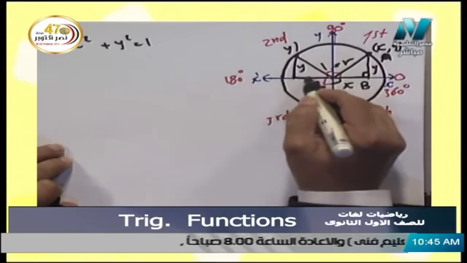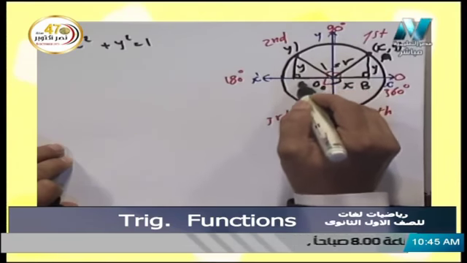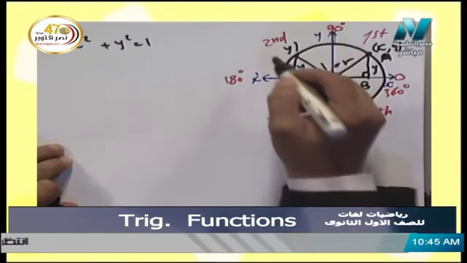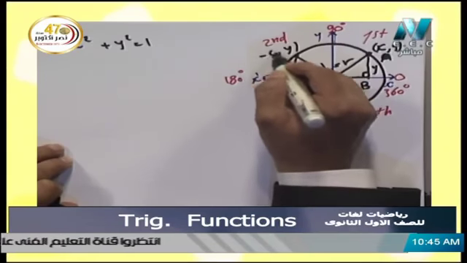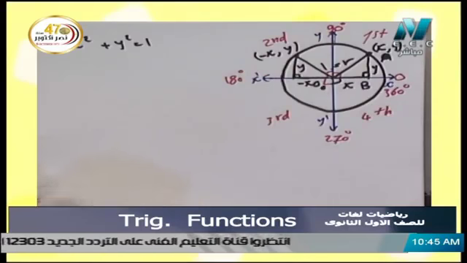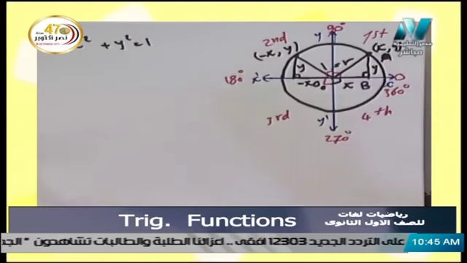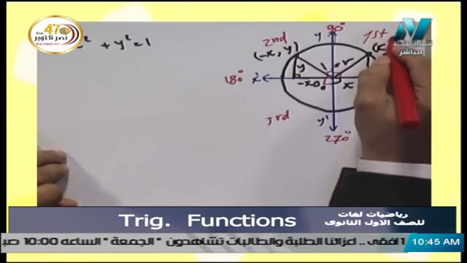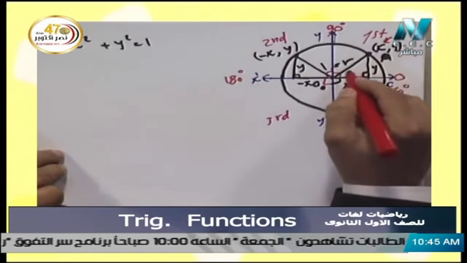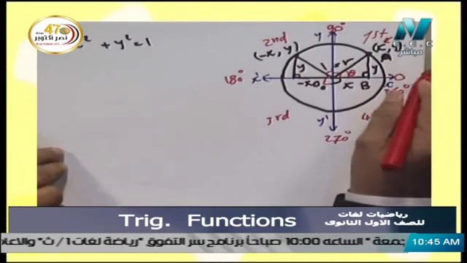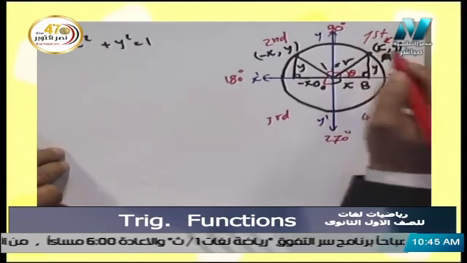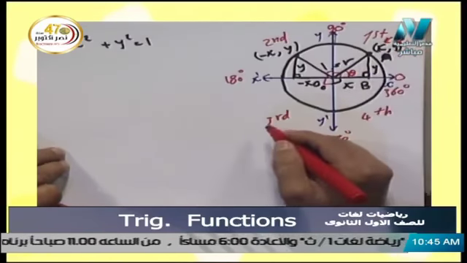But x here is negative, so it's negative x. So here is negative x and y. Let's return again to x and y. We know that x here is the cosine theta. If we call this angle theta, x is cosine theta and y is sine theta.